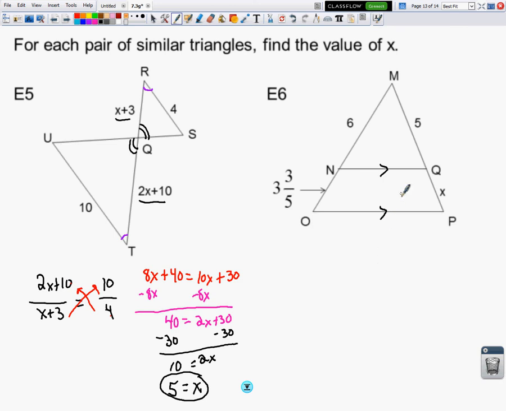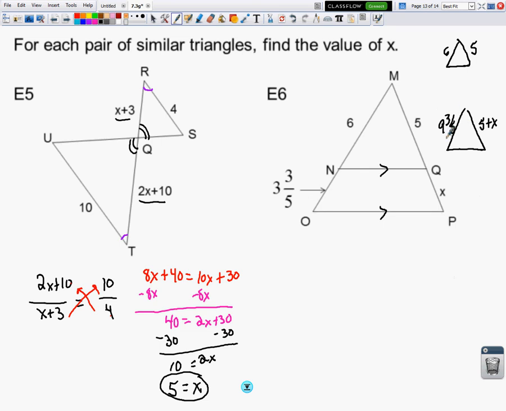Really, what I'm comparing is the little triangle, which has the 6 and the 5 in it. And I'm comparing it to this great big triangle. And again, this would be 6 plus 3 3/5, which would be 9 3/5. And this would be 5 plus x.